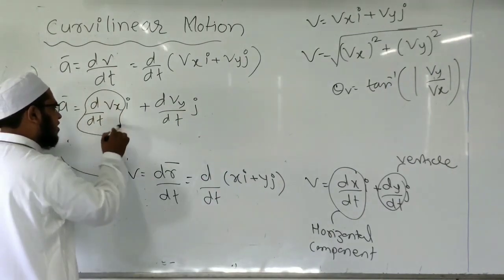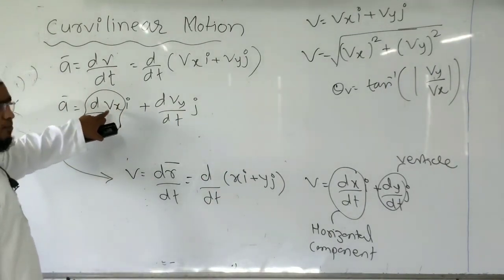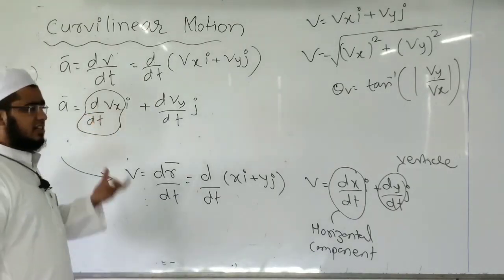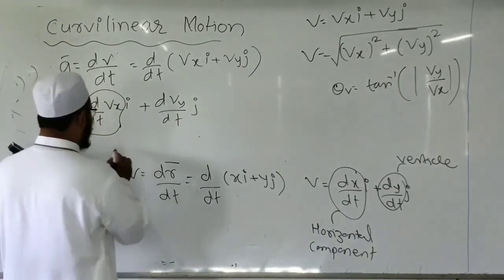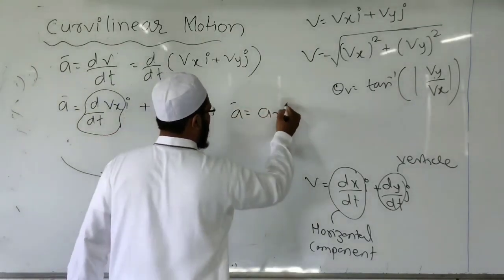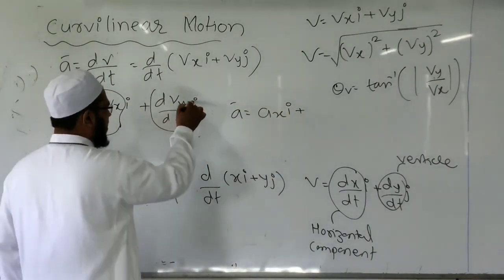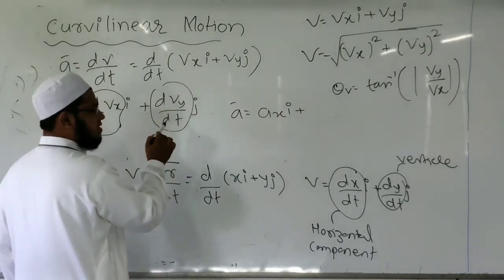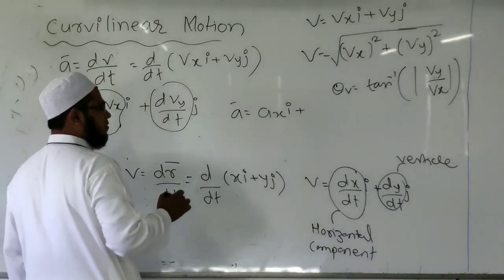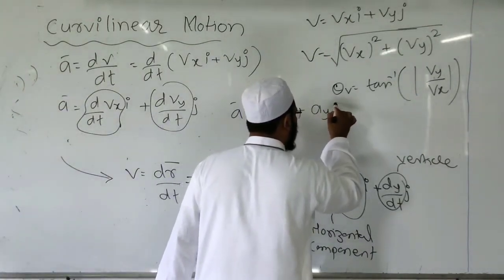It is the horizontal component of the acceleration. Why? Because the rate of change of velocity is acceleration. This equation will be modified as a bar equal to ax i plus, similarly, dvy by dt is the rate of change of the vertical component of the velocity. That's why it is the vertical acceleration, ay.